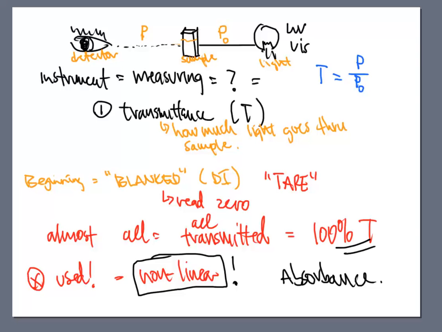And then we can multiply that by 100 to get a percent transmittance. So that is the equation. If you're asked to calculate transmittance of something, take the original light, take the remaining light, divide the two and multiply by 100, and that is percent transmittance.